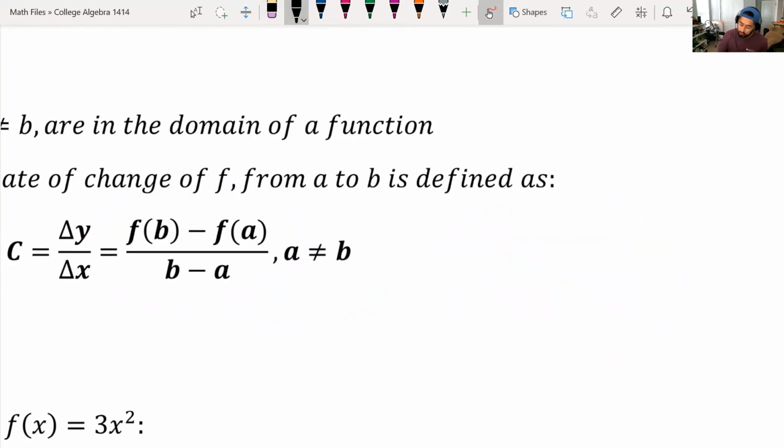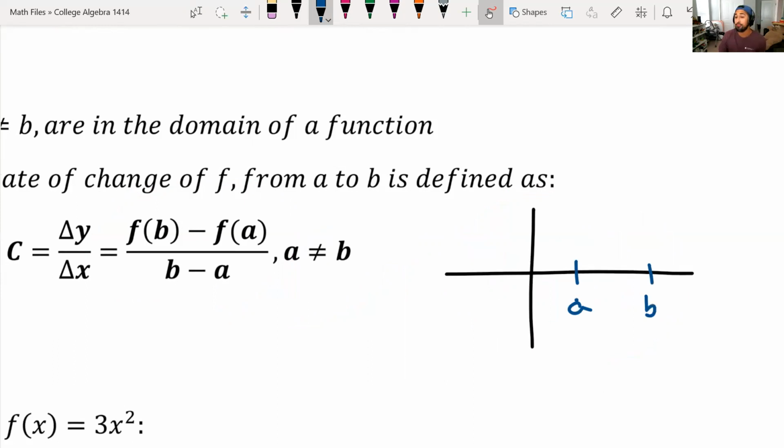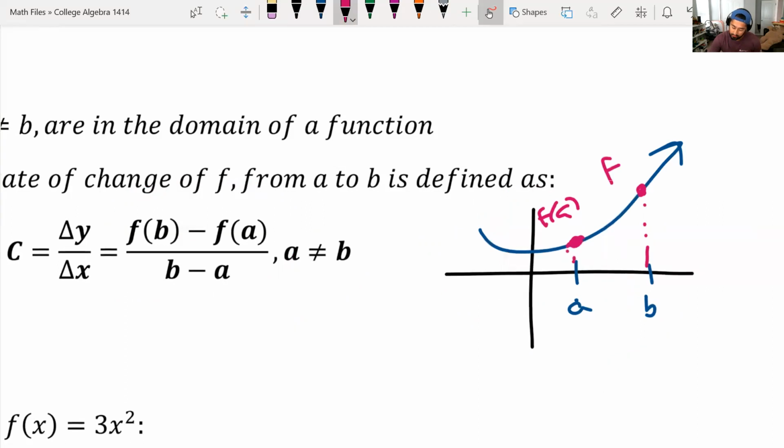All right. And as well, let's say I have my value of a here, my value of b here, and my function looks like this. Well, what the average rate of change helps us find, there's f of a and f of b.